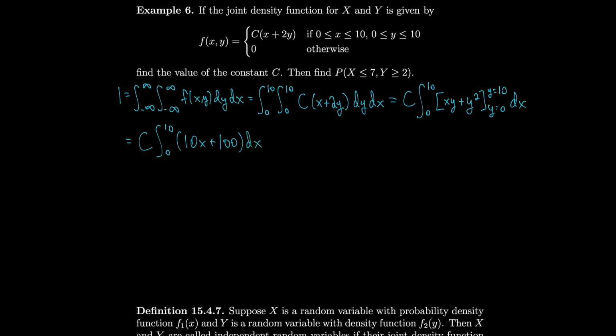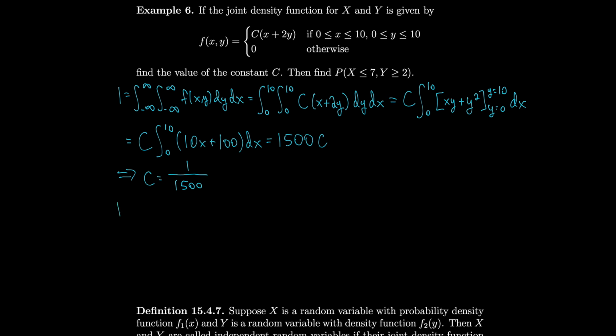So integrating that, we just get 1500. So it's 1500c. So that means that 1 must equal 1500c. So I can divide by 1500 to get c. So that means that c must be 1 over 1500.